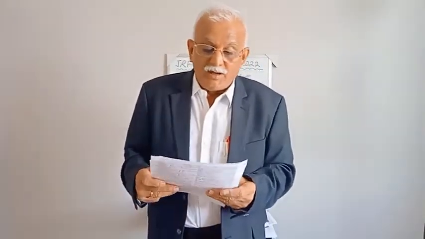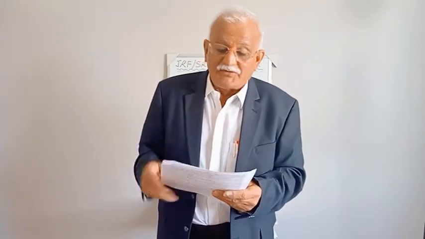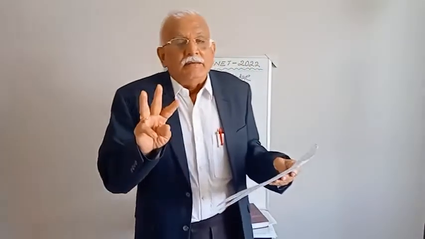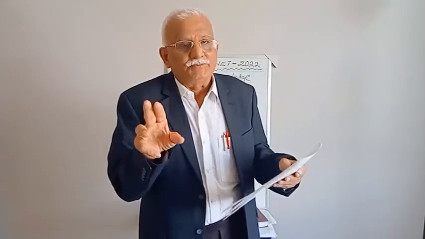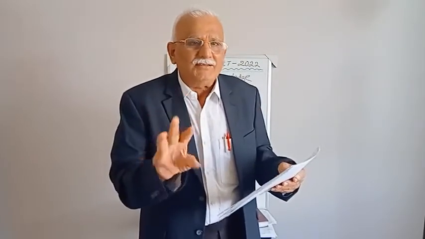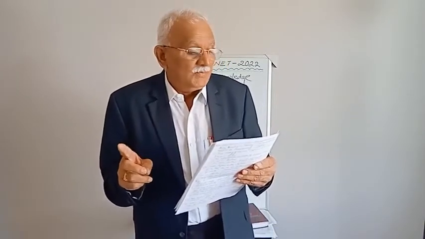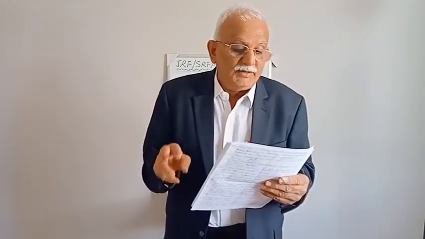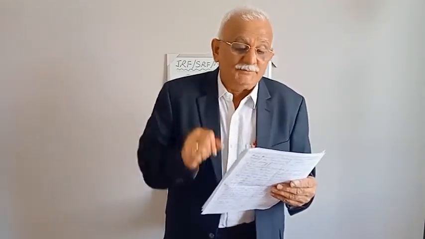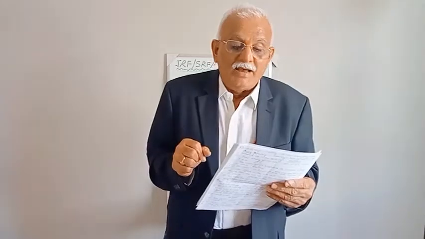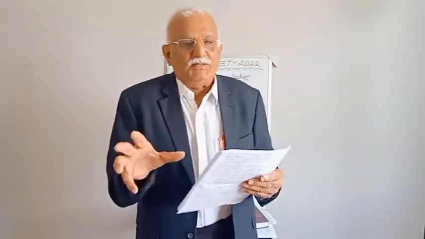In relation to crop rotation, what are the correct statements? Number 1, legumes may be followed by a non-legume crop. Vegetables susceptible to a pest should be followed by a resistant one, and a heavy feeder. So these are the basic characteristics of a crop rotation system.